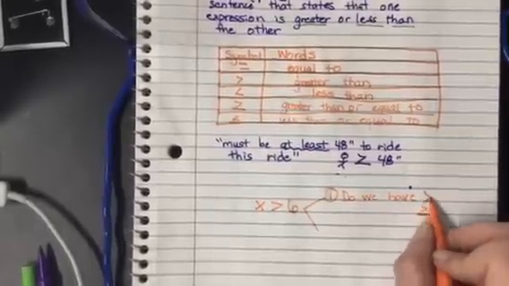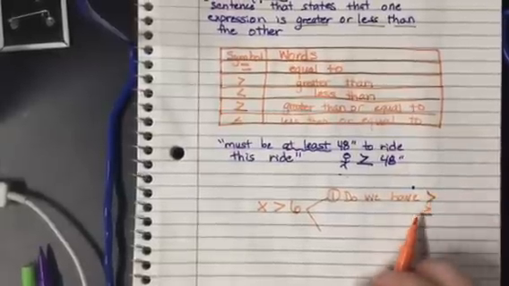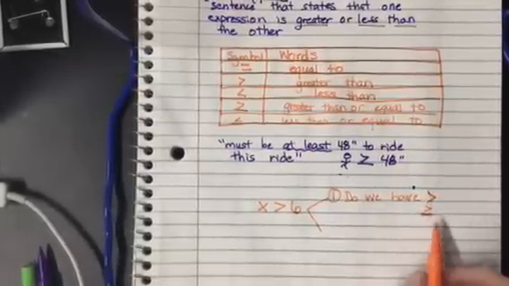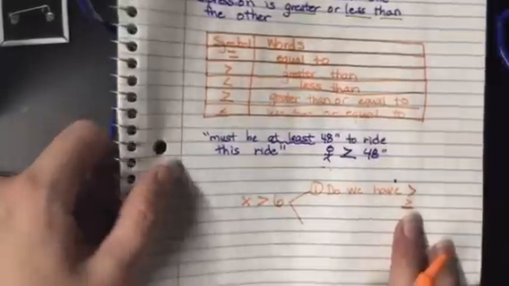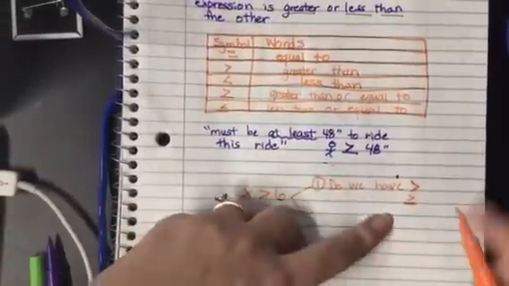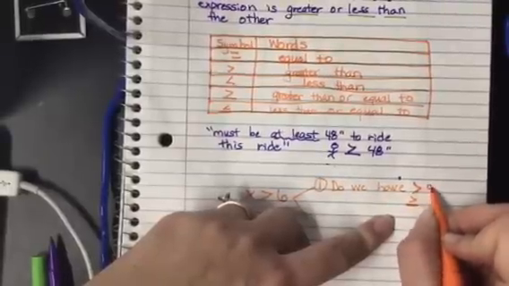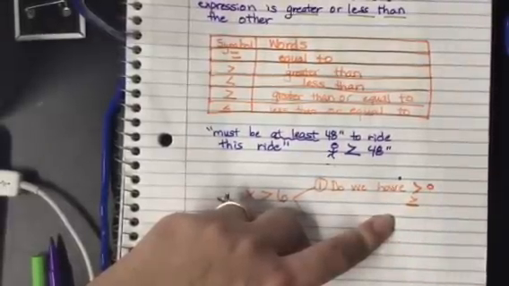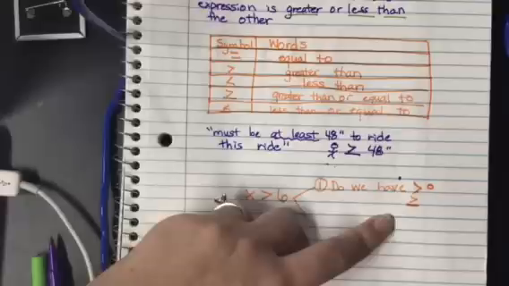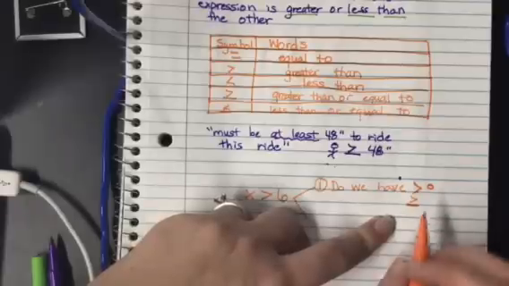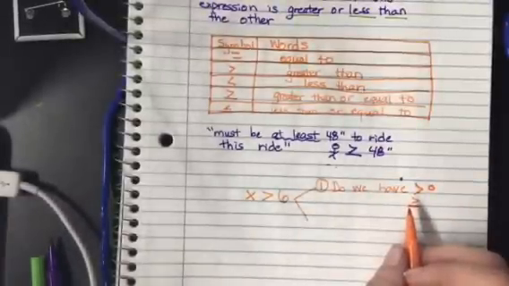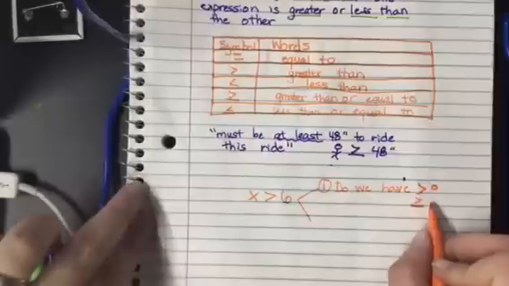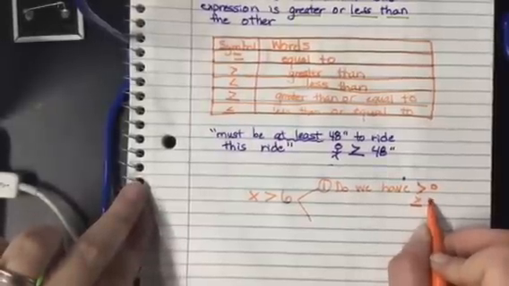Okay, so is it just a greater than, or is it a greater than or equal to? Okay, so if it's just a greater than, we're going to put a circle on our line that's open. If it has the equal sign underneath it, then we're going to have a circle on our number line that is filled in.